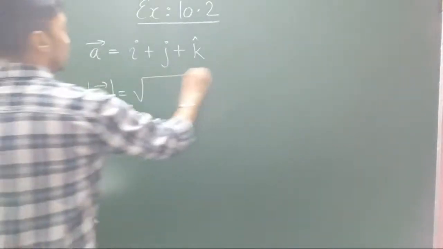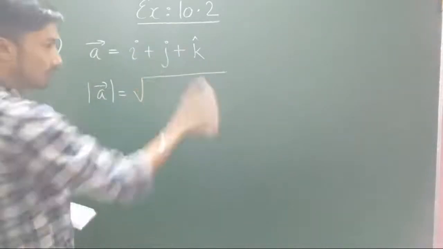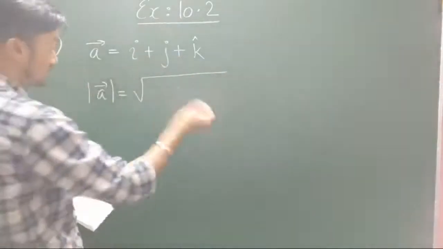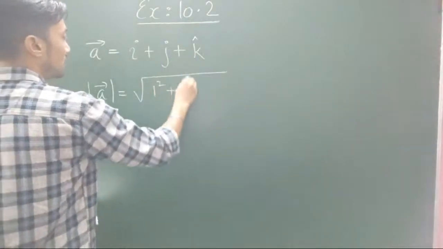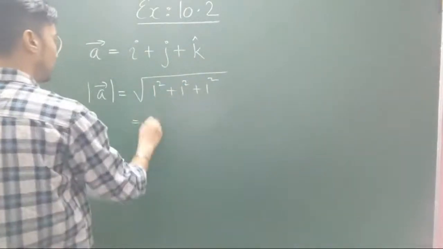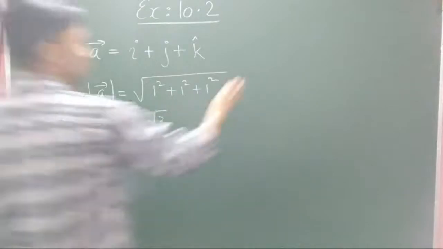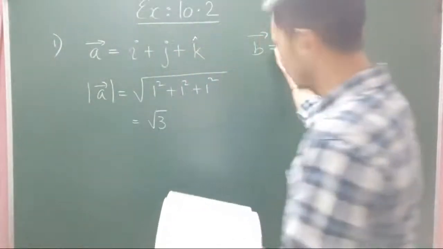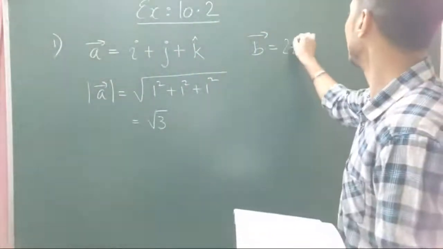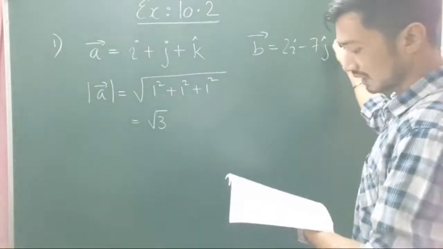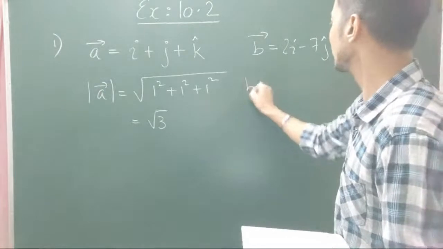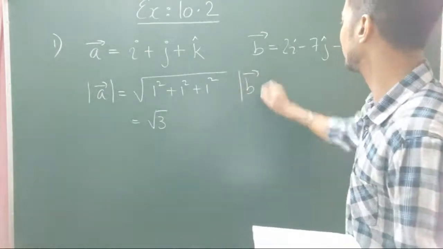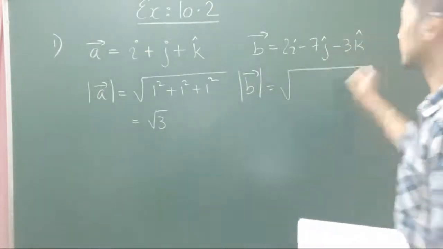The magnitude will be the root of the sum of the squares of the coefficients. For the first vector, the coefficients are 1, 1, 1, so it's going to be 1 square plus 1 square plus 1 square, that's root over 3. The second vector is 2i minus 7j minus 3k. Its magnitude, the magnitude of vector b, would be the root of the sum of the squares.